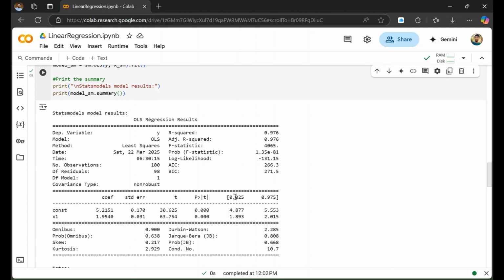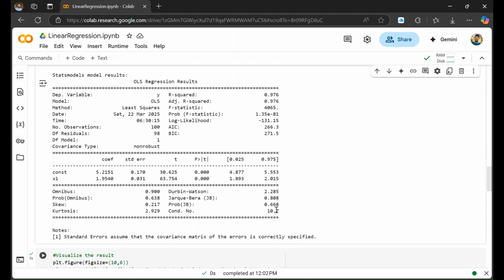And we have 0.025 and 0.975. These are the 95% confidence interval for the coefficient. If this interval doesn't contain zero, the coefficient is statistically significant at 5%.